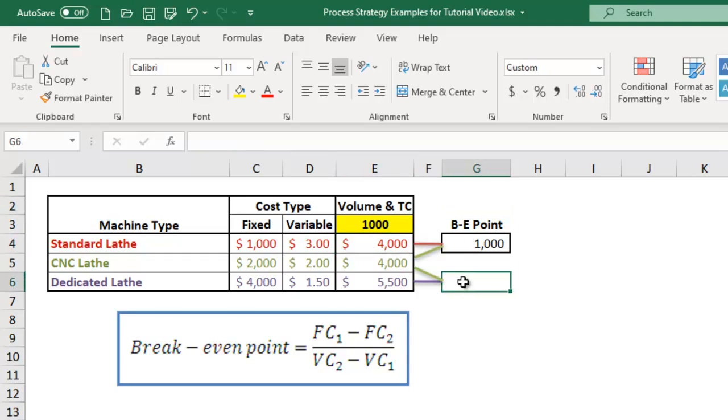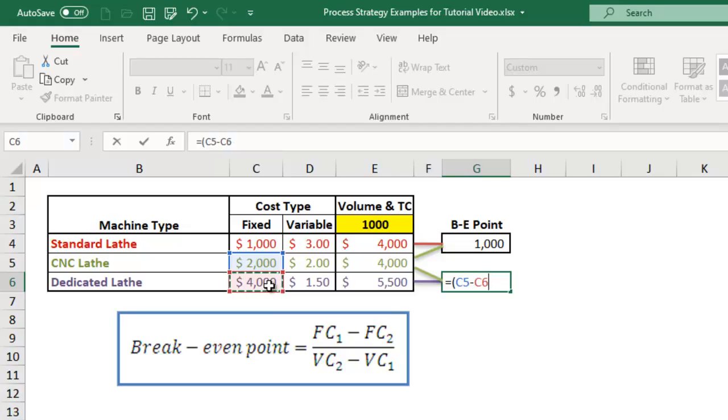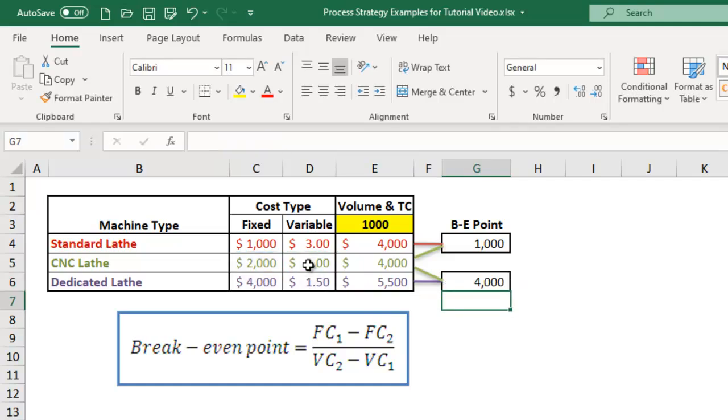Alright, let's do the same formula between the CNC lathe and the dedicated lathe. So again, we're going to open up a parentheses, equal, open parentheses, the fixed cost of one of the processes, we'll start with the CNC lathe, minus the fixed cost of the other process, the dedicated lathe, divided by, open another parentheses, the variable cost of the other process, the dedicated lathe in this case, minus the variable cost of the CNC lathe, and close parentheses, and there we have it, 4,000 units, which matches what we saw in the other exercise as well.